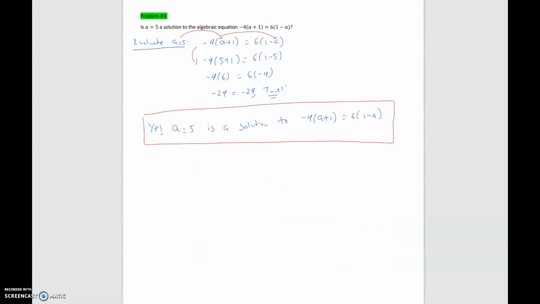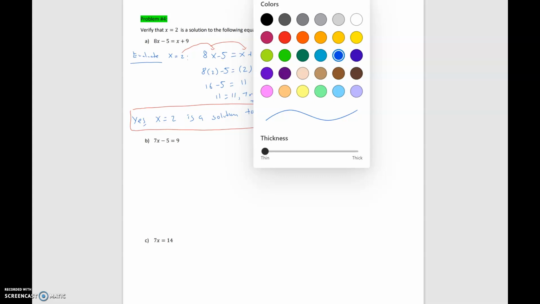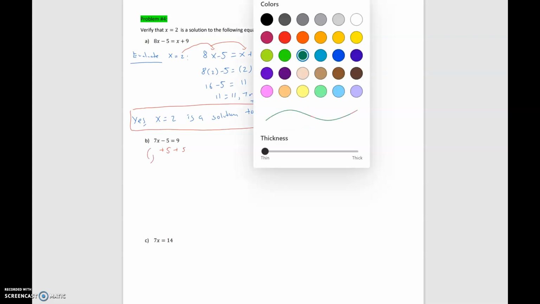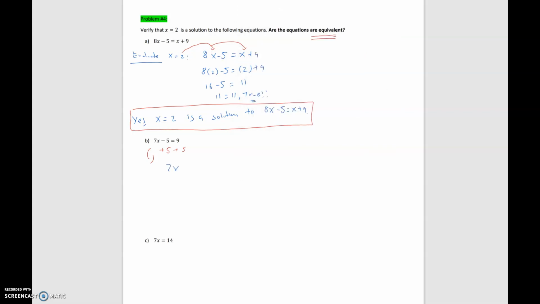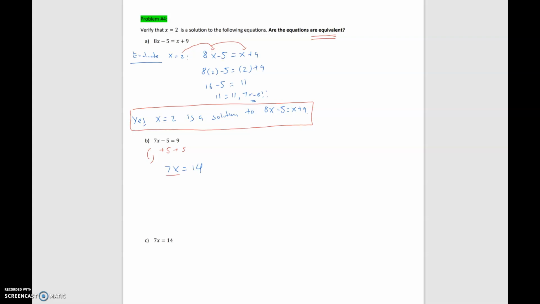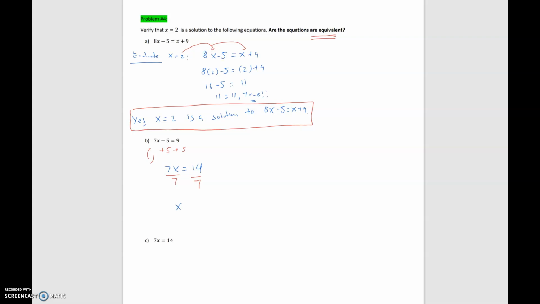So for this particular one, I'm going to simply add 5 to both sides. And this is going to give us 7x, which is equal to 14. And you will notice that that's equation C. And then at this point, to isolate the variable I'm going to divide by 7, and you would end up with x is equal to 2.